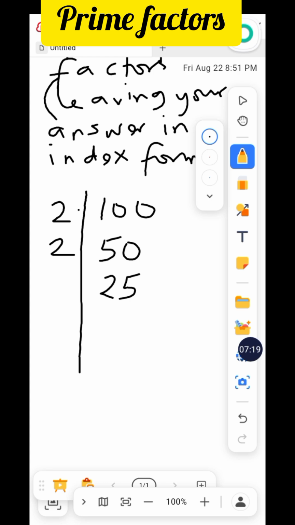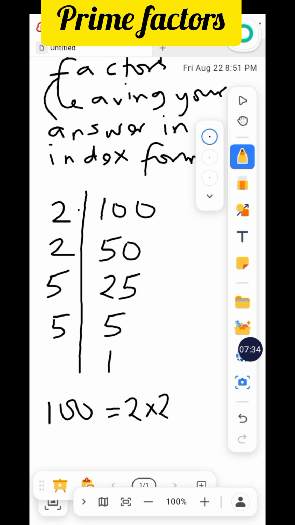The next prime number, 3, cannot go in 25, there will be a remainder. The next prime number is 5. 5 goes in 25, that's 5. 5 goes in 5, that's 1. So these are the products of your prime factors: 2 times 2 times 5 times 5.